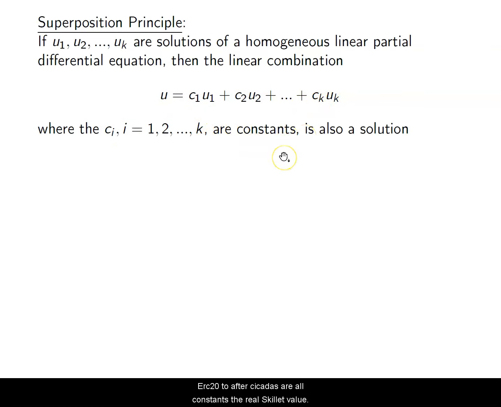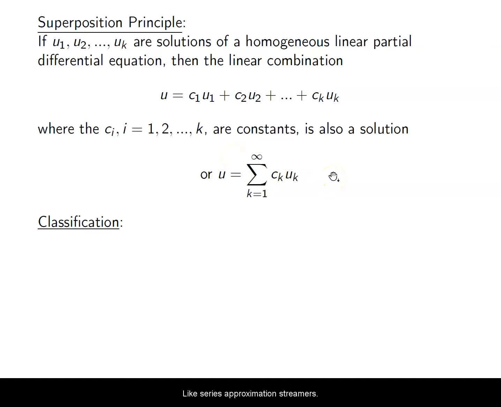They're real scalar values. So my solution is really just the sum of each of those pieces until I reach K. The reason why it goes up to infinity is, again, if we're talking about Fourier series solutions, those go on forever. They're pretty much like series approximations.